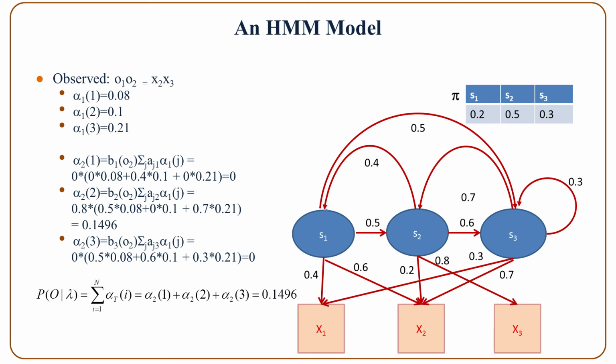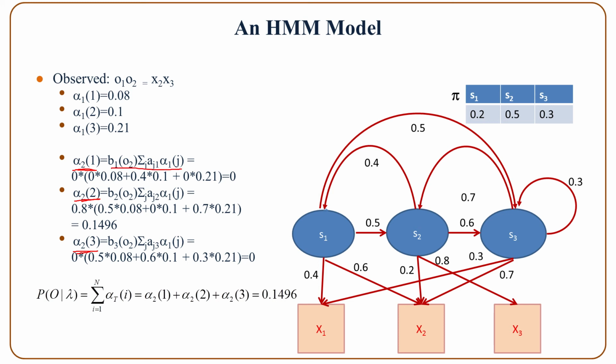Then we compute the forward probabilities for time 2, alpha 2,1, alpha 2,2, and alpha 2,3.